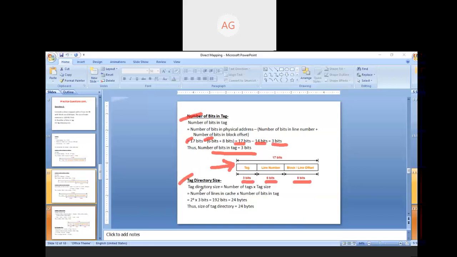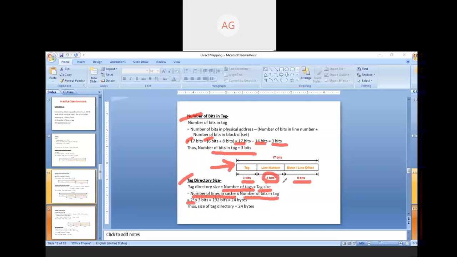Tag directory size we can find by using the formula number of tags times tag size, which is converted into number of lines in cache times number of bits in tag. The number of lines in the cache is 2 to the power 6, because 6 bits are there for the line number.